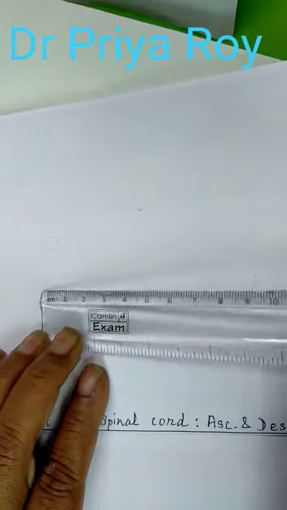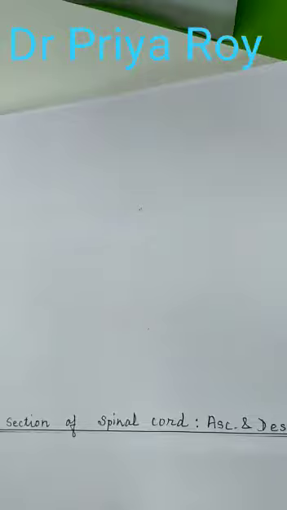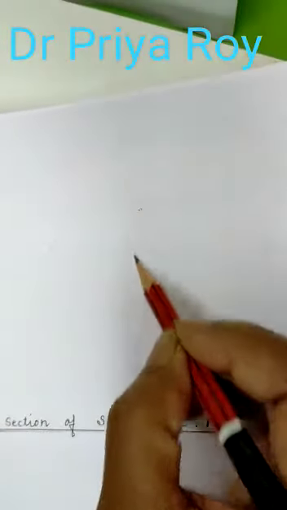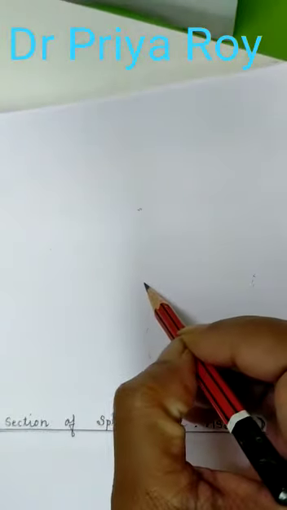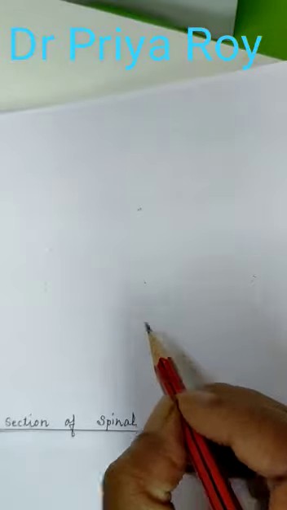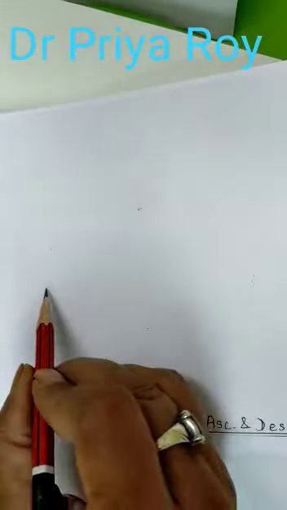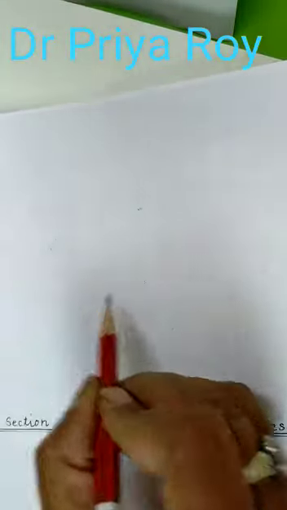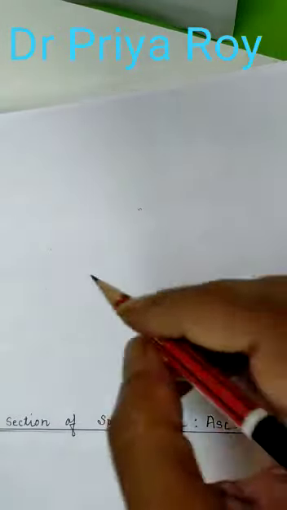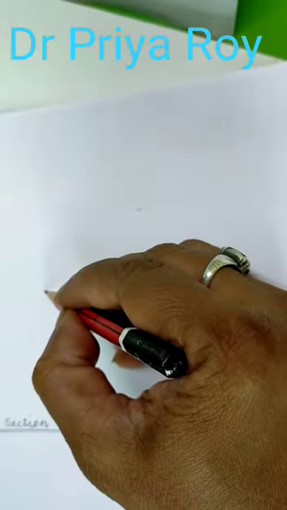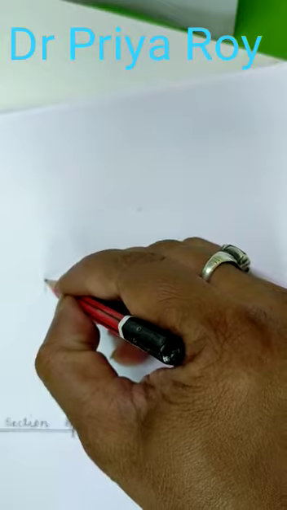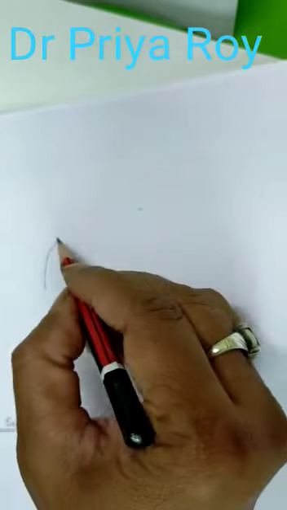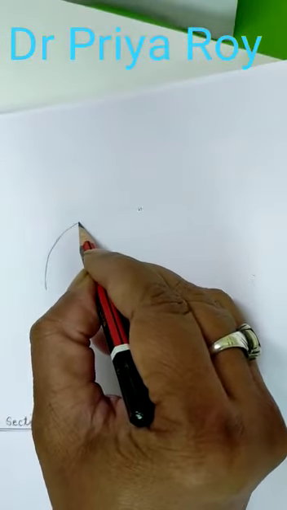Okay, so how many dots have I put? Here 1 to 6, in the middle 3, and 1 at 5, and on this side 9 centimeter. Now I have joined these two lines to make it oval like this.